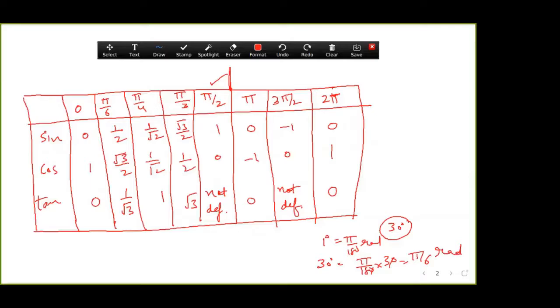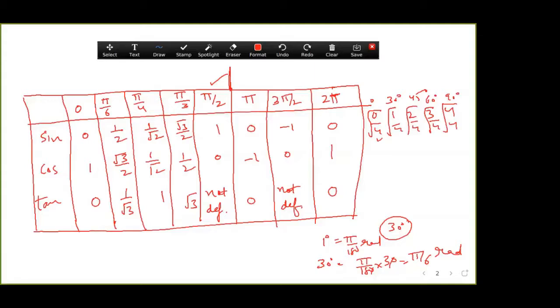In the case of sine, you take 0, 1, 2, 3, and 4, dividing by 4 and taking the square root of these, you get the values of sine for 0, 30, 45, 60, and 90 degree.